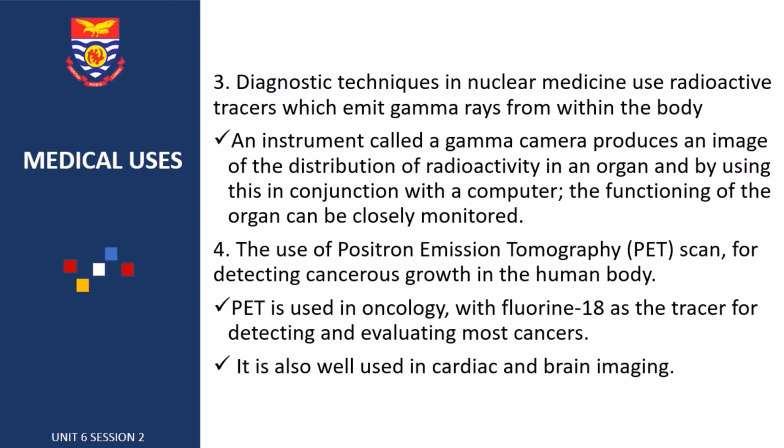It is also used in cardiac and brain imaging. These tracers that are used are generally short-lived isotopes linked to chemical compounds, which permit specific physiological processes to be scrutinized. The tracers can be given by injection, inhalation, or orally.